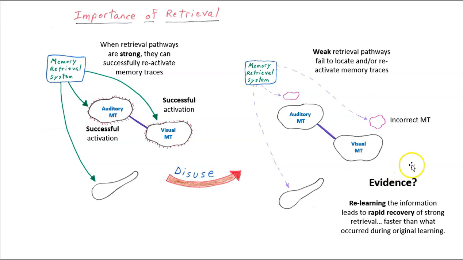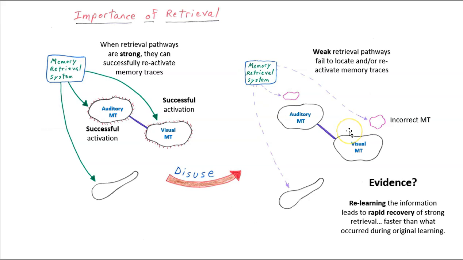Well, one piece of evidence is the following, that when we relearn the information, it leads to rapid recovery of strong retrieval, faster than what occurred during original learning. So it's sort of like having your old phone number or your old address. At one time you knew it well. It's stored strongly in your cortex, but if you move and you haven't been at that old place for 10 years, you might have forgotten the phone number or the address or whatever.